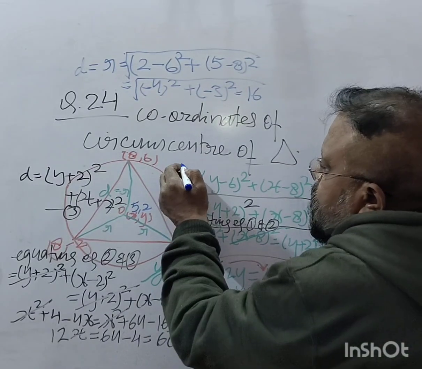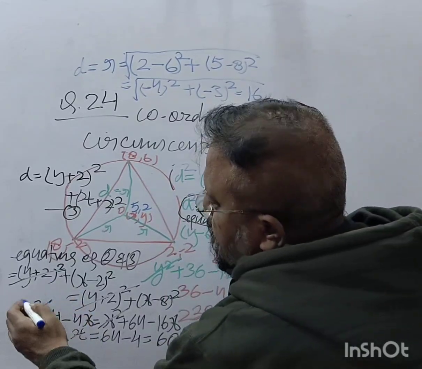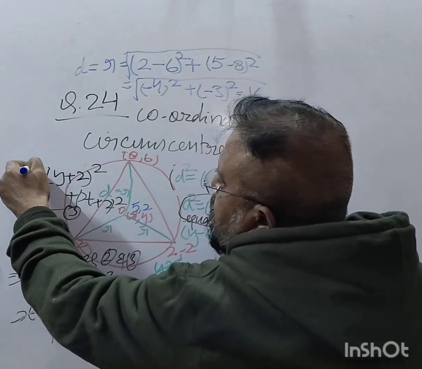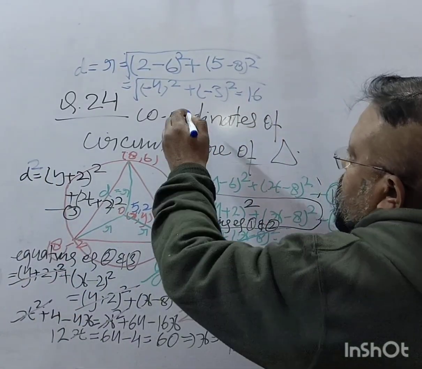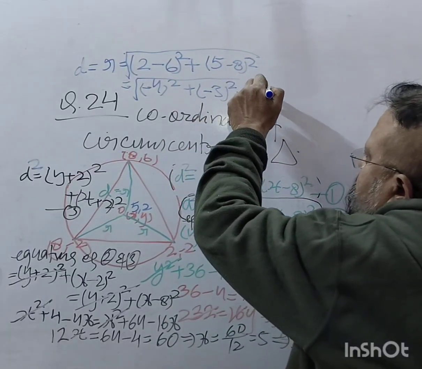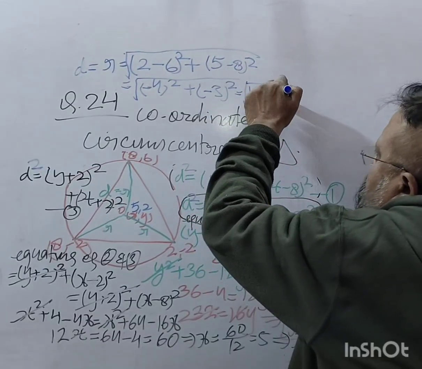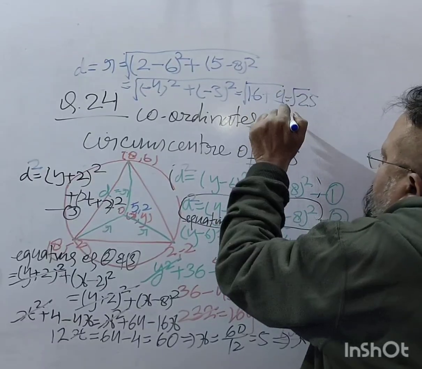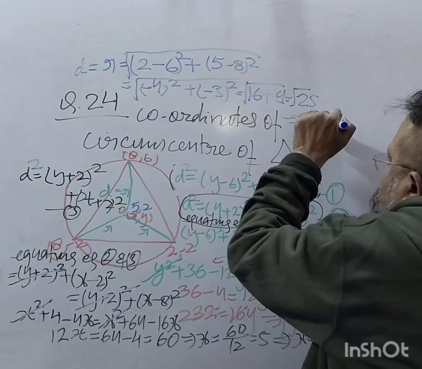We have written square here; you can write here d square also. Right. So it becomes how much? 16 plus 9 root. It becomes root 25. Therefore, R is equal to 5 units.